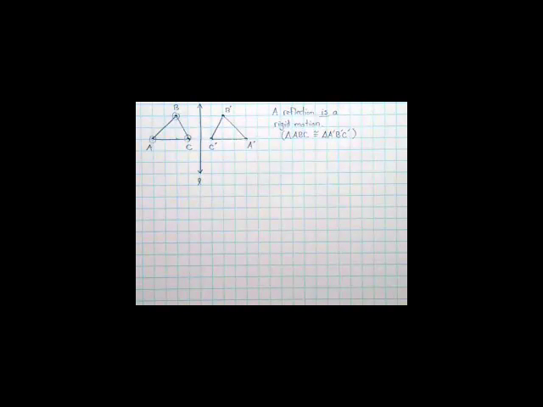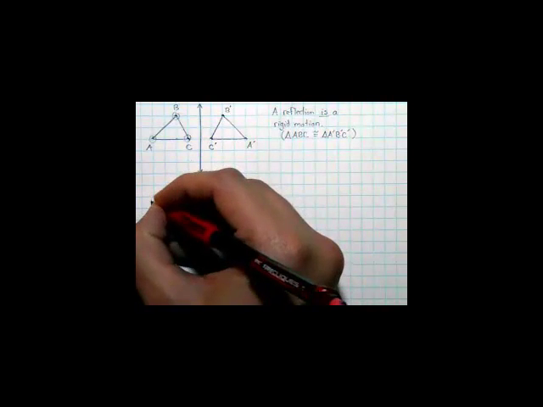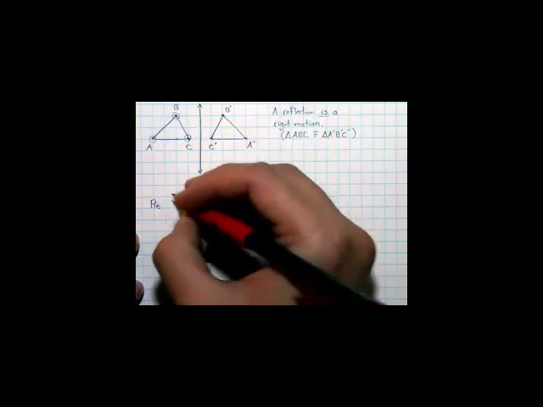Okay, so like I said before, just like with translations, we're going to be looking at reflections in a coordinate plane. Okay, so we're going to look at three different types of reflections.